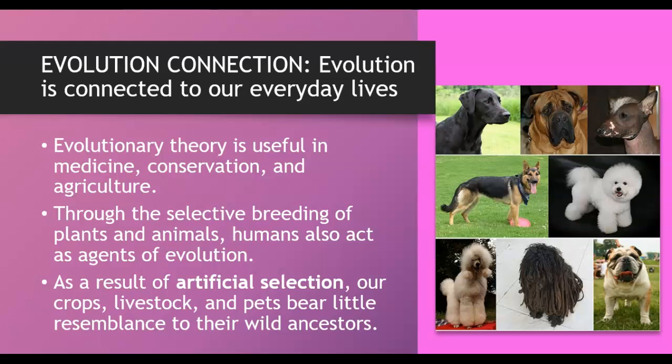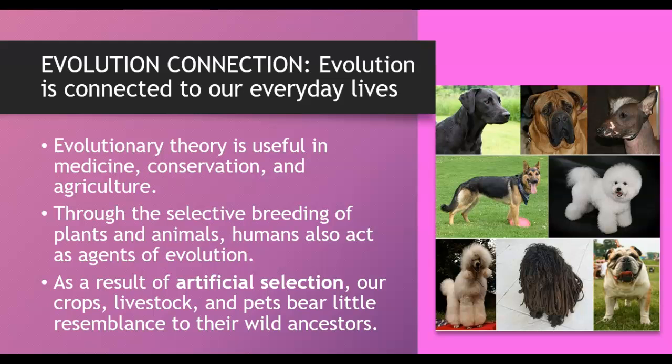We can also connect evolution to our everyday lives. You may or may not realize this, but all dogs are the same species. Humans can also contribute to evolution by means of something called selective breeding. It's not just natural selection, but it can be artificial selection as well.